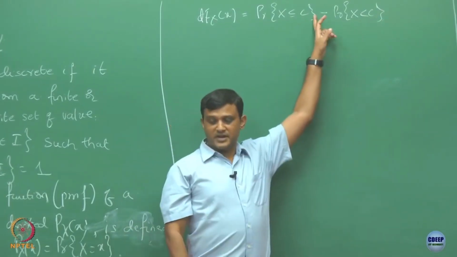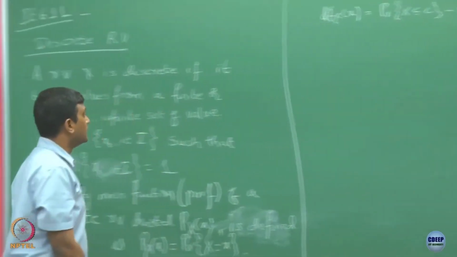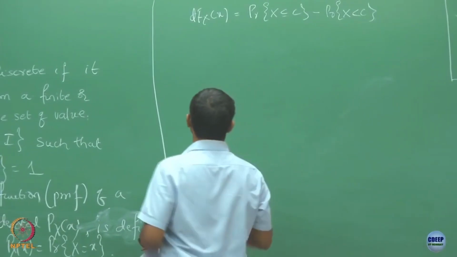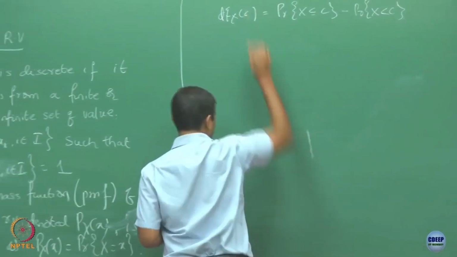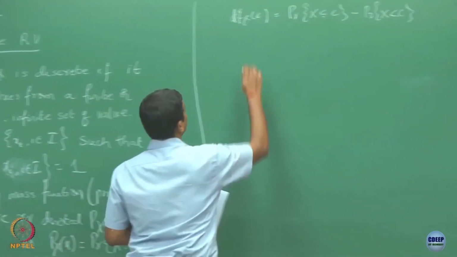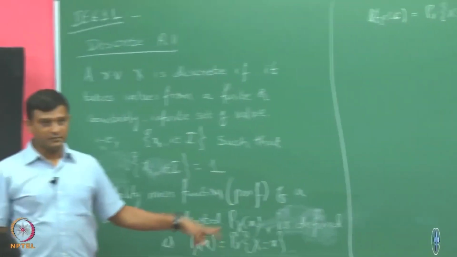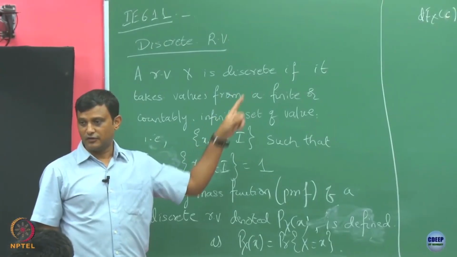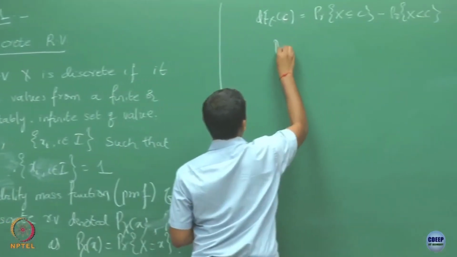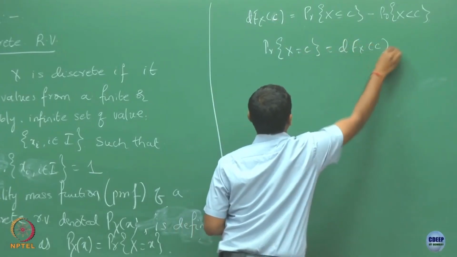We also defined what we mean by the probability that x is strictly less than c, right? Do you see any relation between a probability mass function and this F of x at c? They are going to be the same, right? This is just the probability that x equals c.